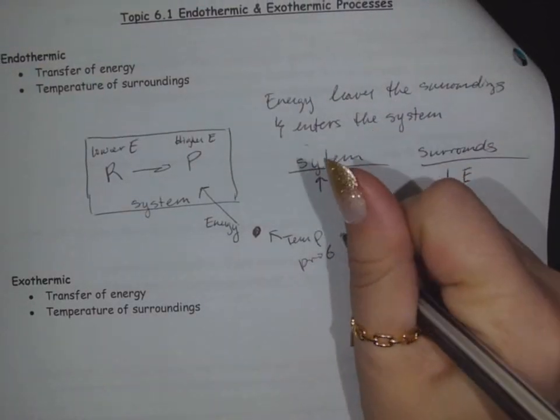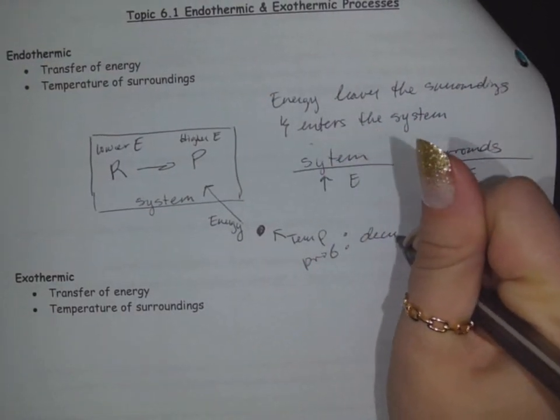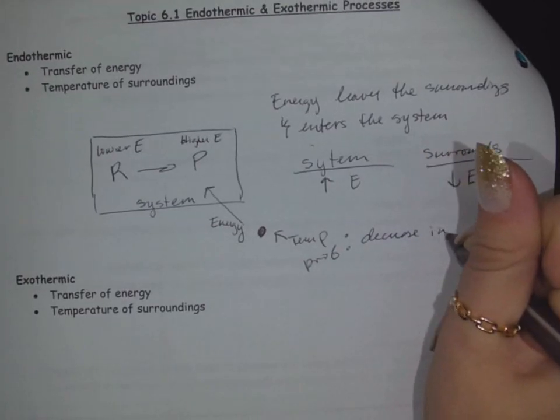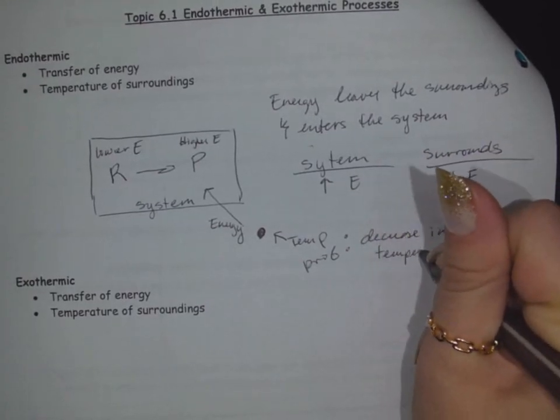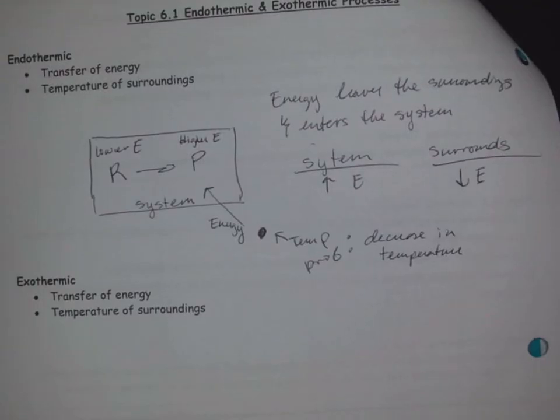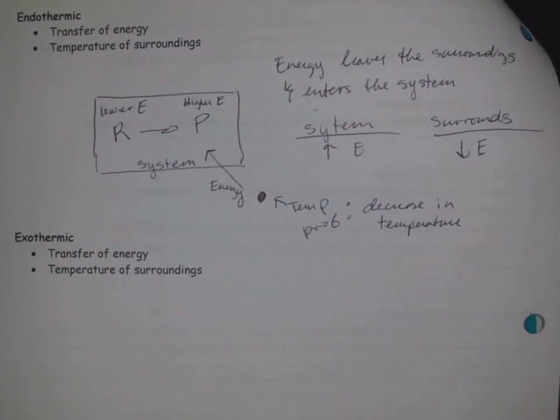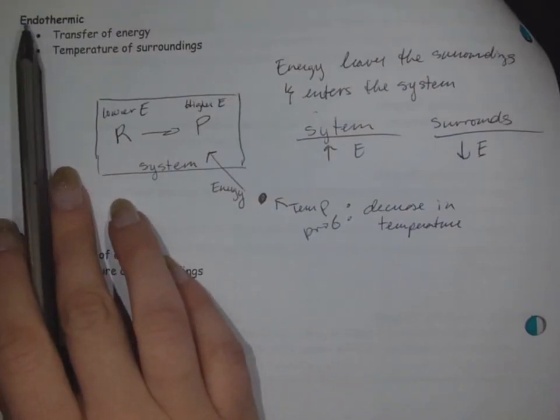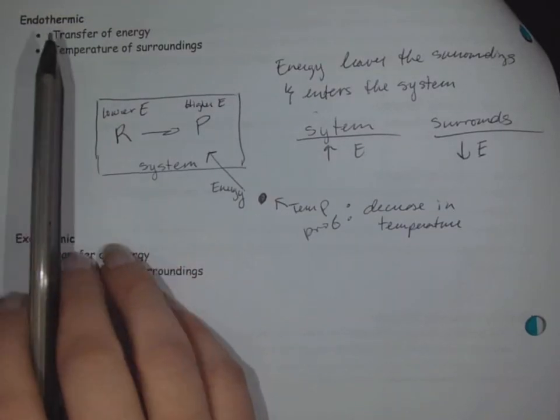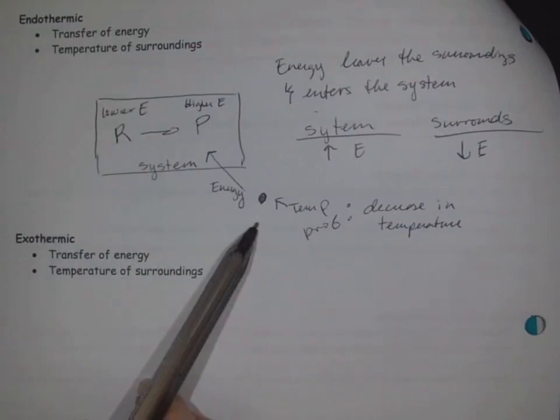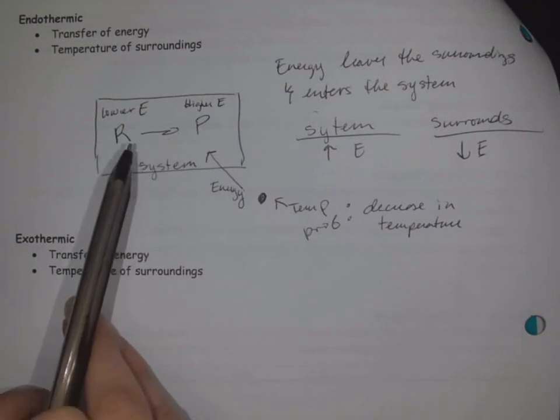So we would have a decrease in temperature. Okay, so if I have a chemical reaction going and I put a thermometer in there and the thermometer is showing me that we are decreasing in temperature, then this is endothermic. And the reason why it's decreasing in temperature is because energy is leaving the surroundings, which includes the temperature probe, and it's entering the system.